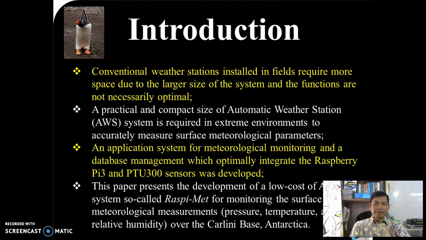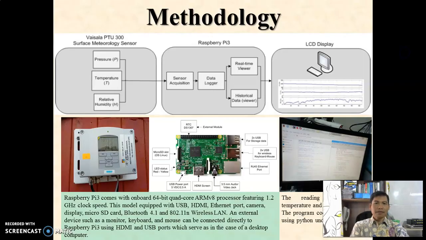This paper will present the development of a low cost automatic weather system, what we call RASPIMET, for monitoring surface meteorology like pressure, temperature, and relative humidity, and it will be applied for the station at Carlini, Antarctica.